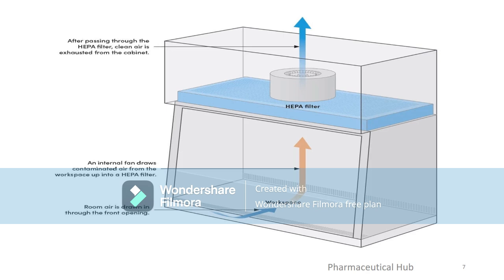After filtration, the clean air is exhausted from the cabinet, ensuring the surrounding environment is not contaminated. In short, a Class I BSC works by containing and filtering contaminants before they can reach the user or the room. It does not protect the materials on the workspace from contamination because the incoming air is not filtered.